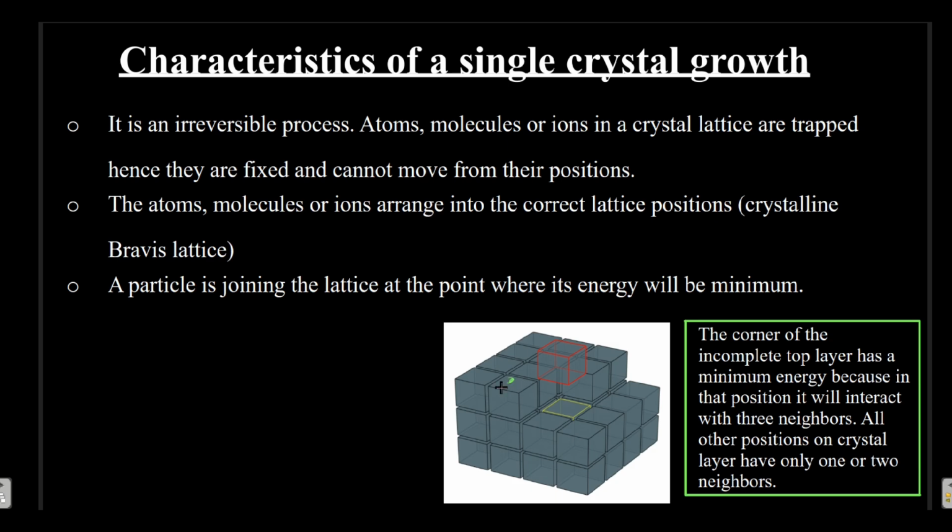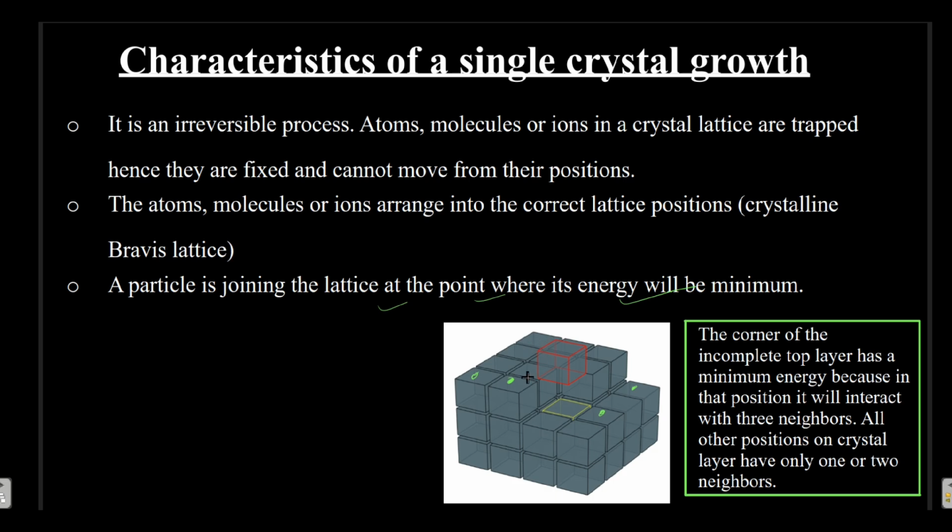Suppose it could come on top of this atom, or this atom. It could come over here, it could come over here, but it decided to come to this position. So what may be the reason for that? Look at here. A particle is joining the lattice at the point where its energy will be minimum, right?